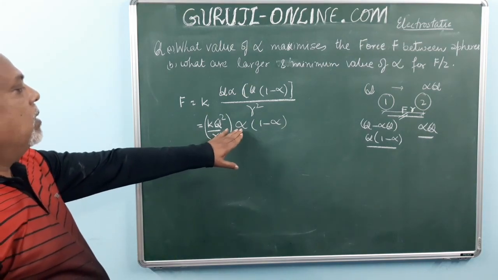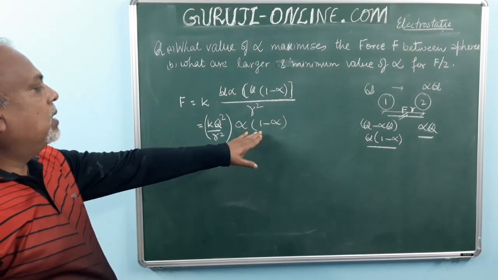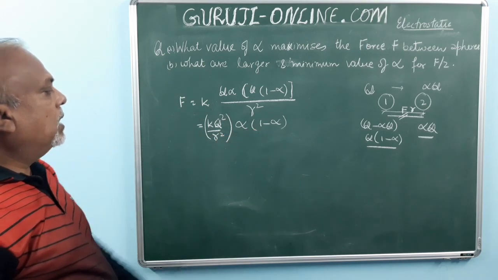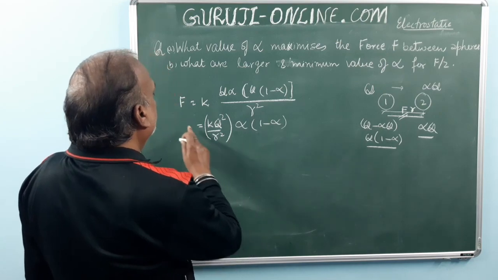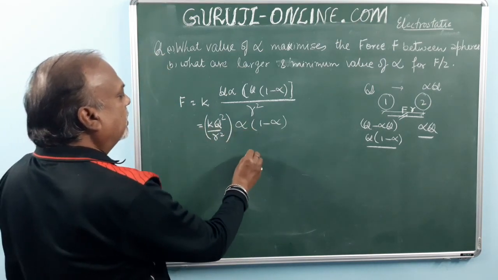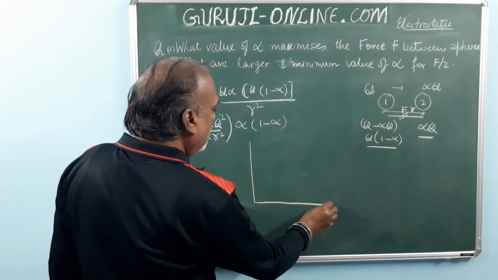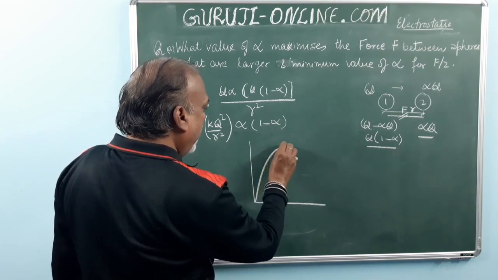So, by looking at this equation, suppose if we solve it, it's a quadratic equation, this will give you a parabola.